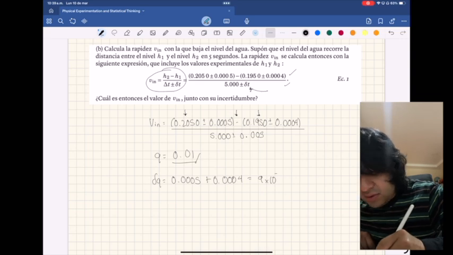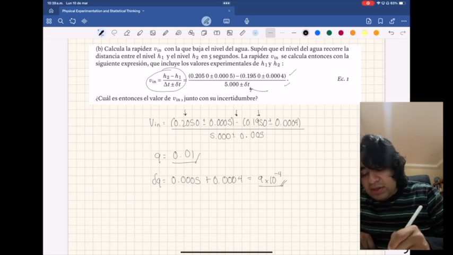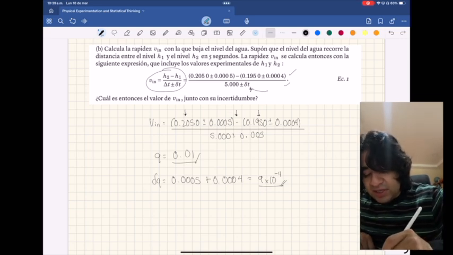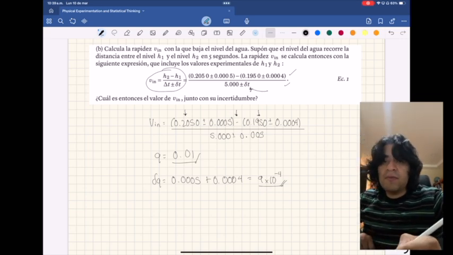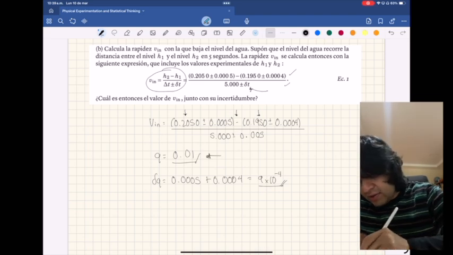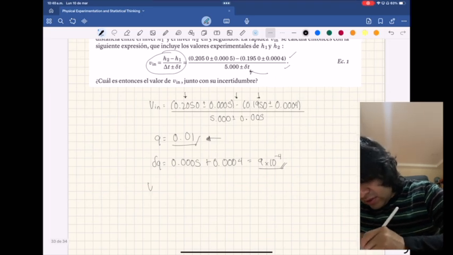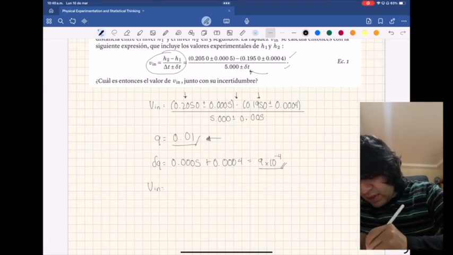And our result is 9 times 10 to the power of minus 4. Here we indicate this result in scientific notation, so for our convenience we will have to indicate this value in scientific notation also. So now our first equation becomes this.